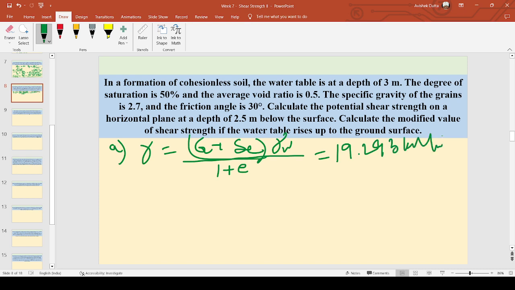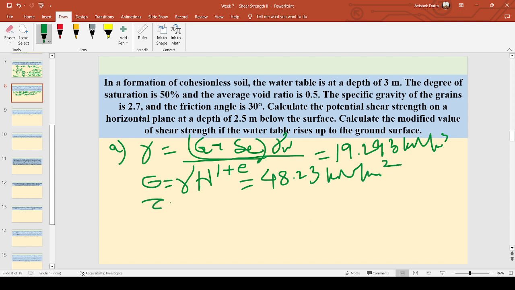kilonewton per meter cube. Now to find out sigma, because the water surface is below the level, sigma equals gamma into H, that is gamma into 2.5, we get approximately 48.23 kilonewton per meter square. Now tau, what is the value of tau? Tau equals c plus sigma tan phi.